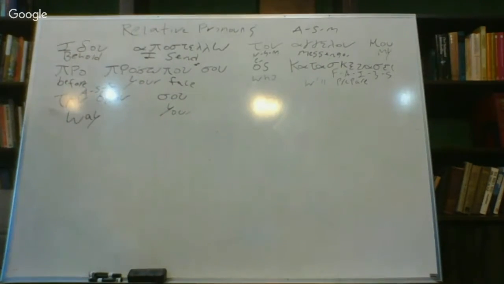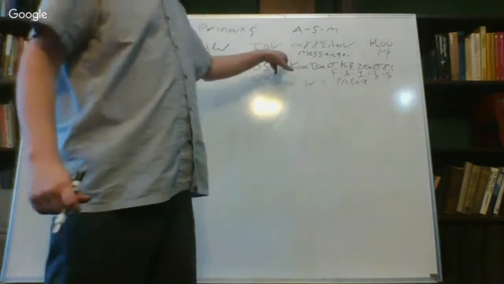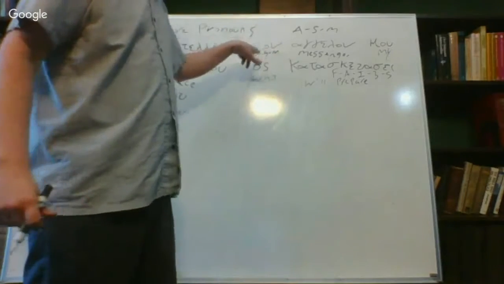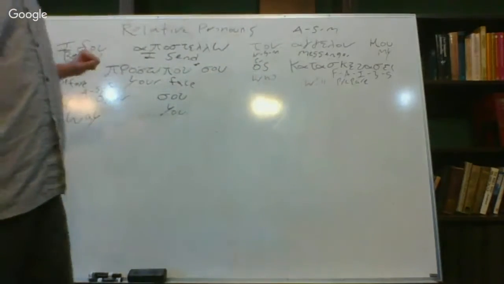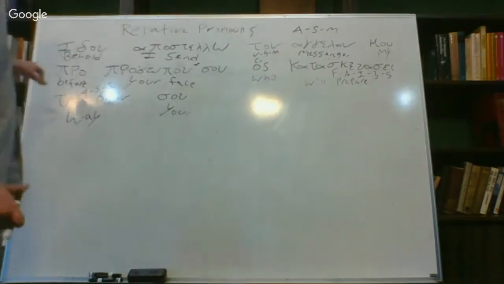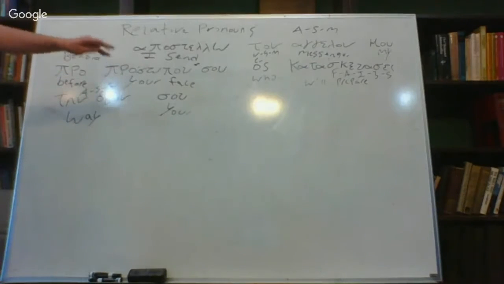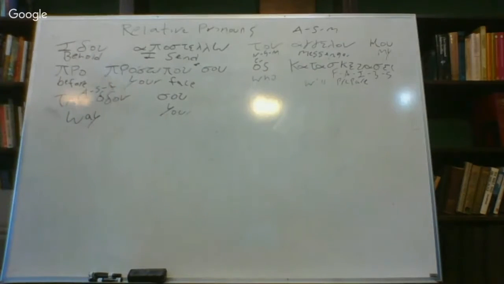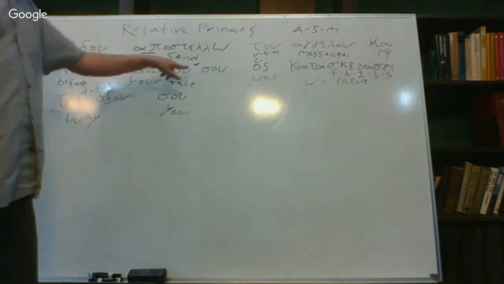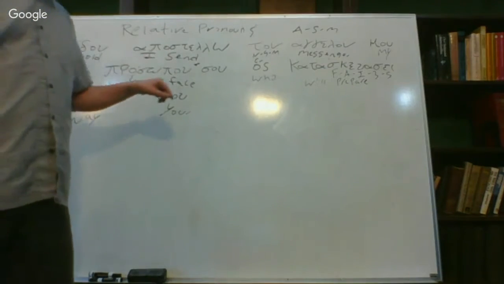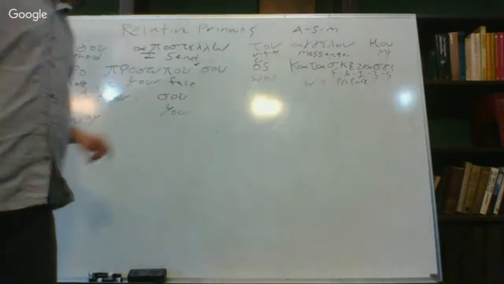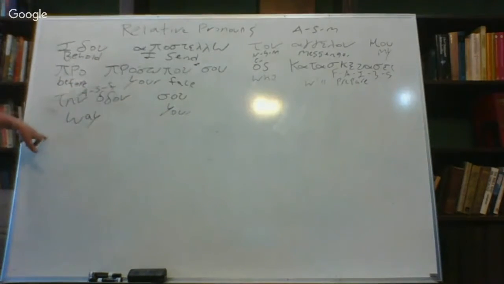So, behold, I send the messenger, because we have the article, the messenger, or my messenger. Behold, I send my messenger before your face, or before your way. It's a bit of an idiomatic phrase here. Who will prepare your way?